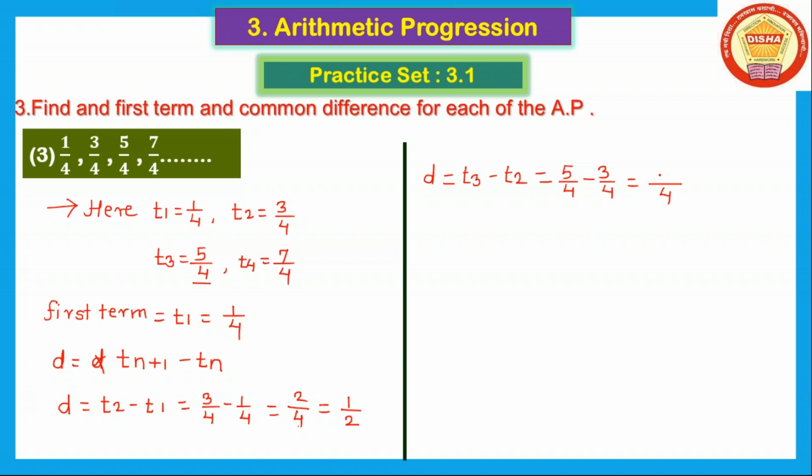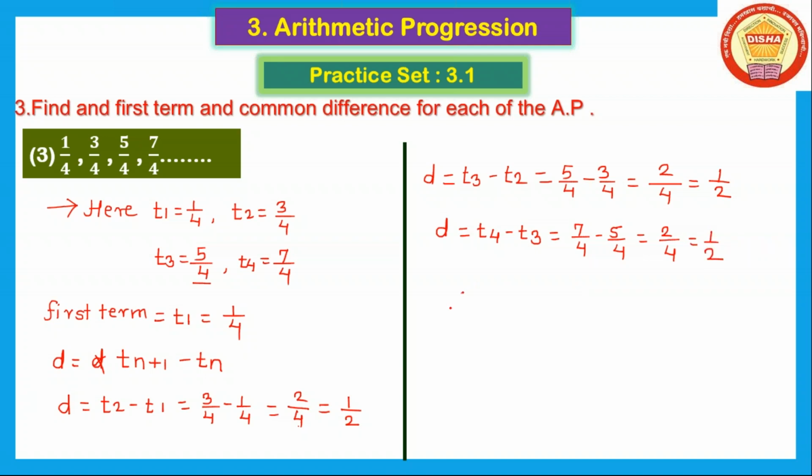The denominator is equal, so we subtract the numerators, which gives 2, and again the fraction reduces to 1 upon 2. Then D is equal to T4 minus T3: 7 upon 4 minus 5 upon 4, which is 2 upon 4, equal to 1 upon 2.